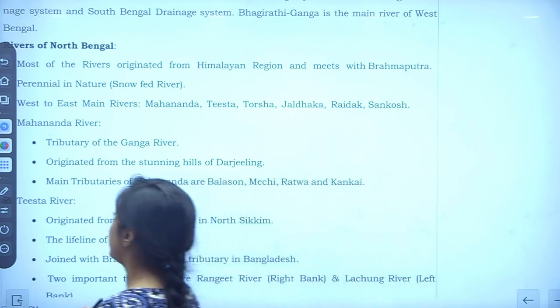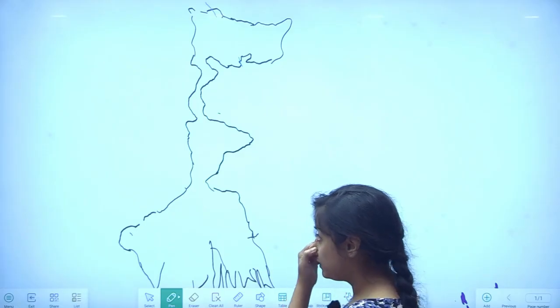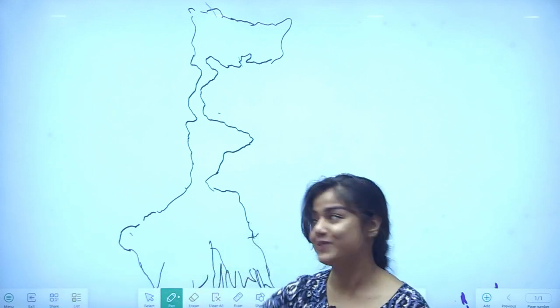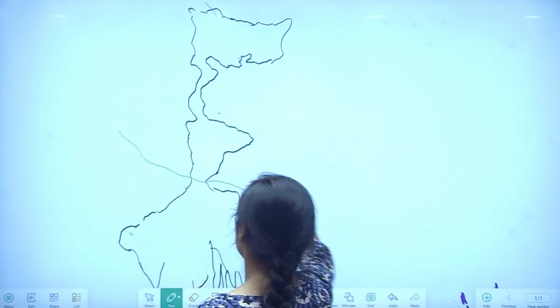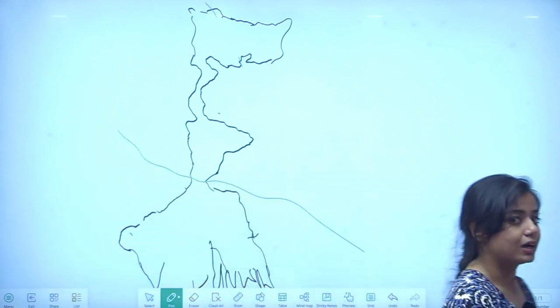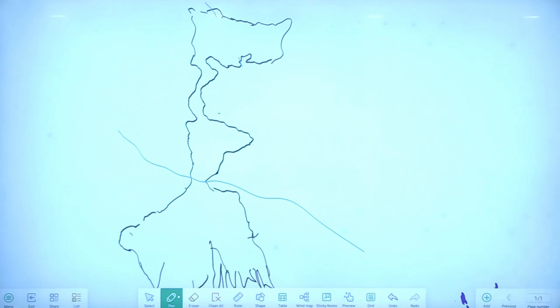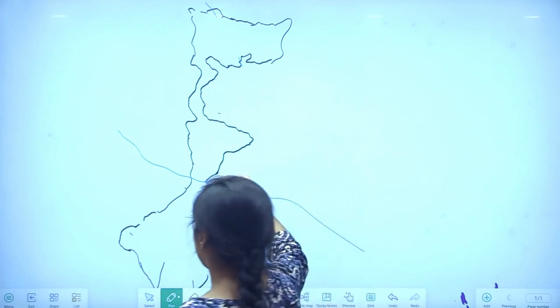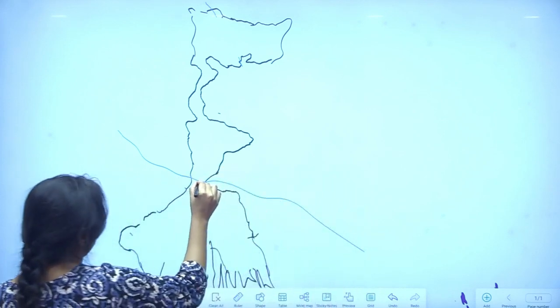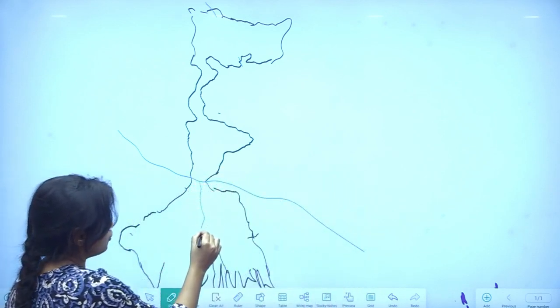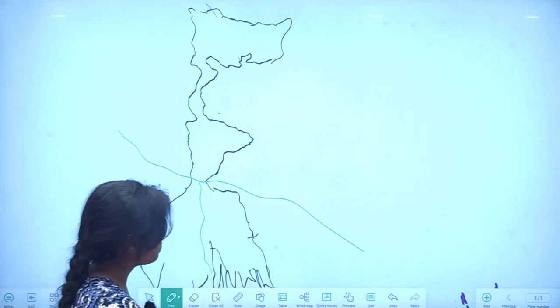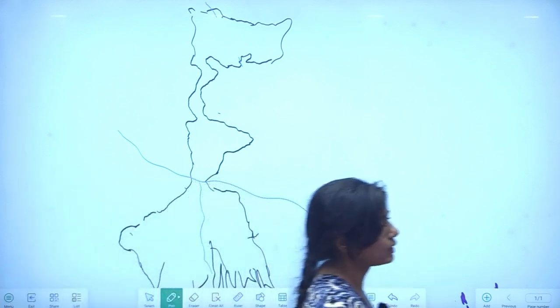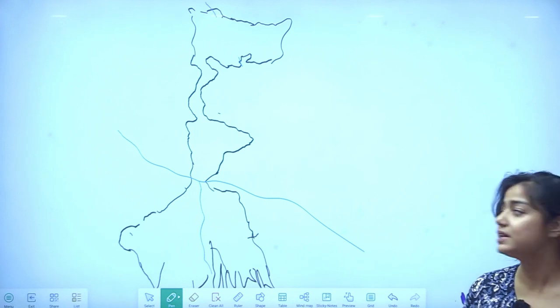The primary river of West Bengal, we know, is our river Ganga. It passes through this area. From here, Ganga branches off into 2 streams. One goes outside West Bengal and enters Bangladesh.